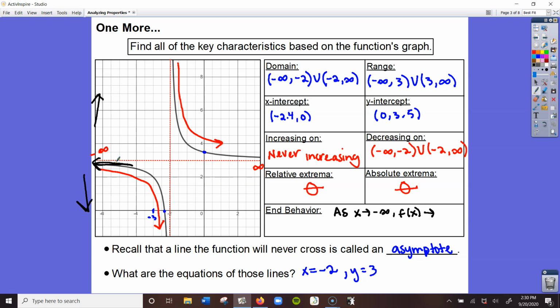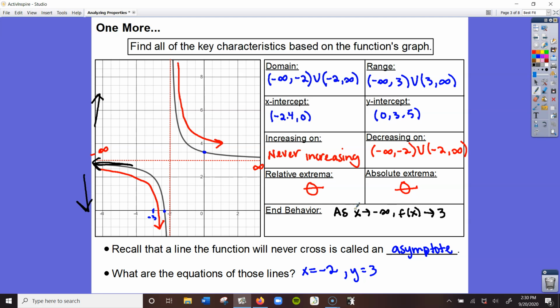Now those horizontal asymptotes are going to affect your end behavior, because that's exactly what they do. They cut off your graph and do not allow it to either increase or decrease anymore. And it's leveling out and trying to approach where y is equal to 3.